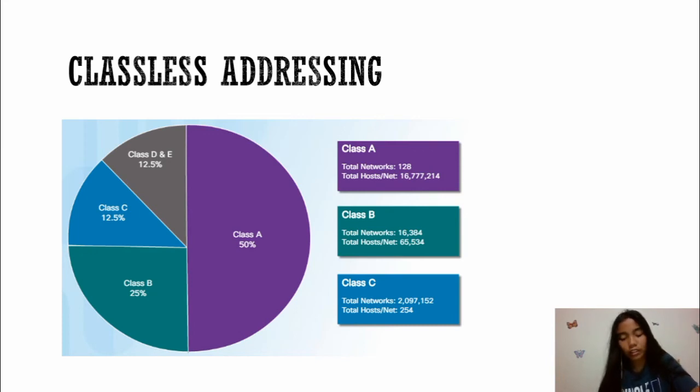For example, a company that had a network with 260 hosts would need to be given a Class B address with more than 65,000 addresses, wasting 64,740 addresses. So classful addressing was abandoned in the late 1990s for the newer and current classless addressing system.